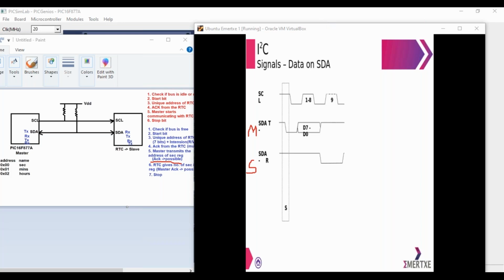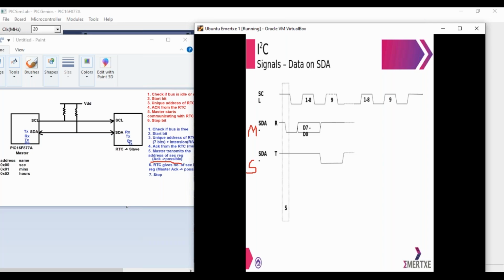Next, after the acknowledgement is given, what is the next step? RTC should give the number of seconds to the master. Now RTC changes to be the transmitter and master changes to be the receiver. You can see RTC is the transmitter now and master is the receiver now.